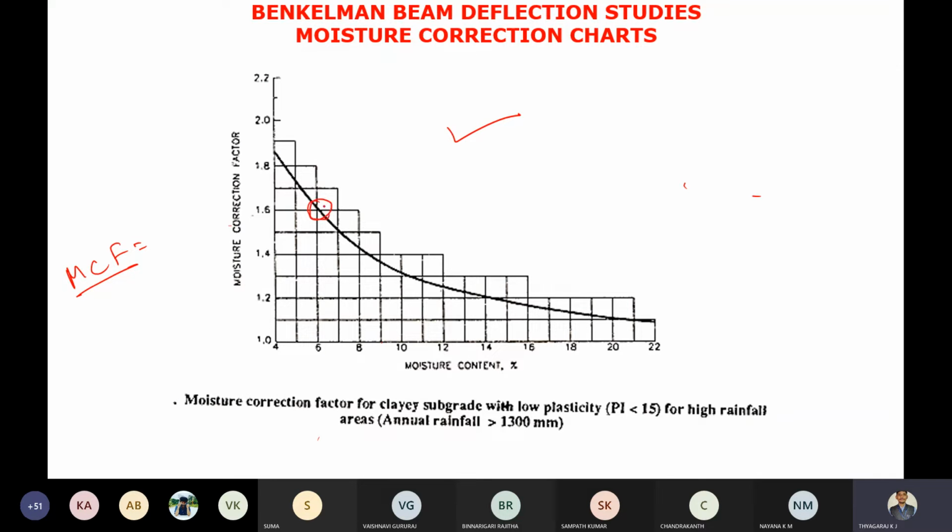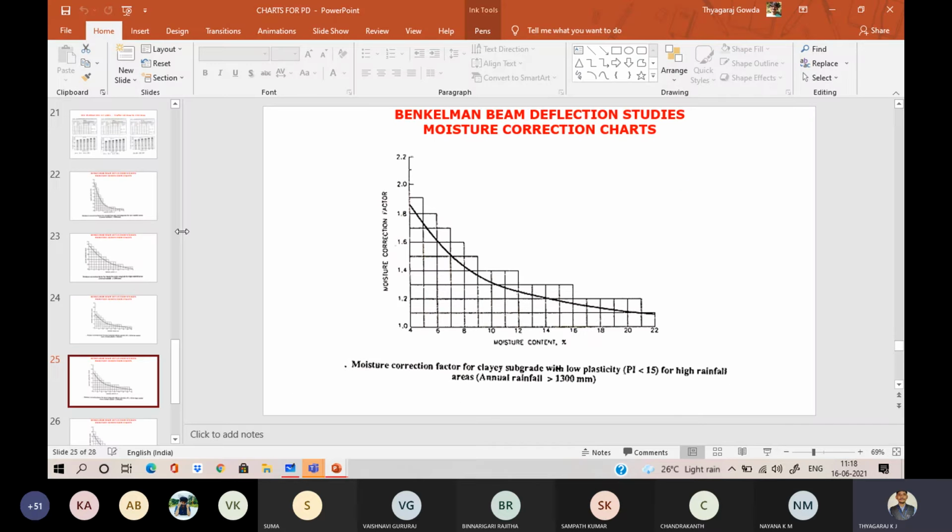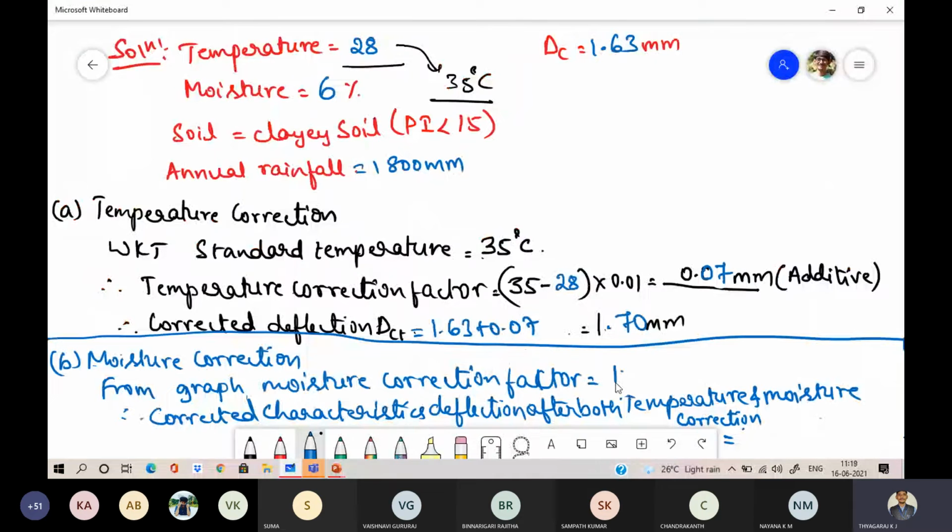So it will cut the chart here. So the correction factor is 1.6. So we are going to get 1.6 as the correction factor. So 1.6 into 1.7. Check how much you are going to get. That will be the corrected characteristic deflection after both temperature and moisture correction.